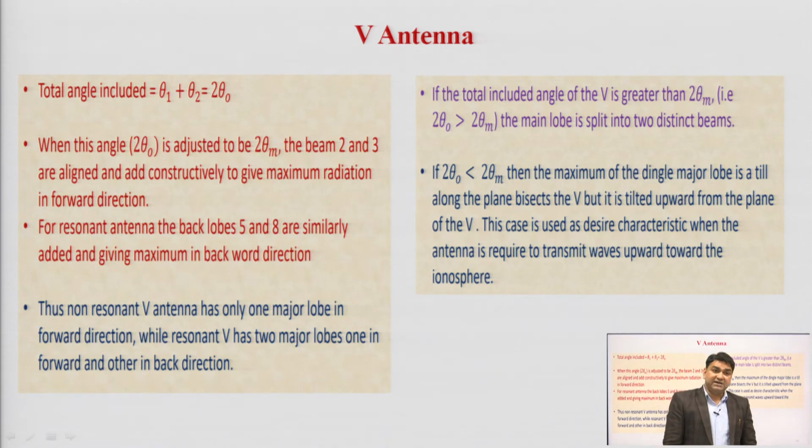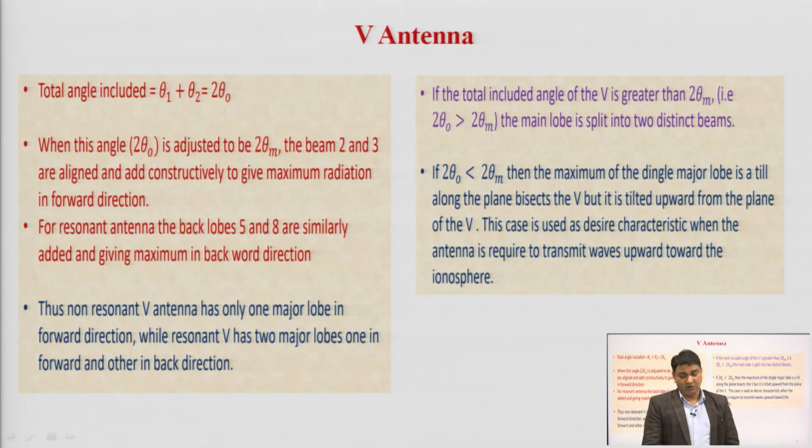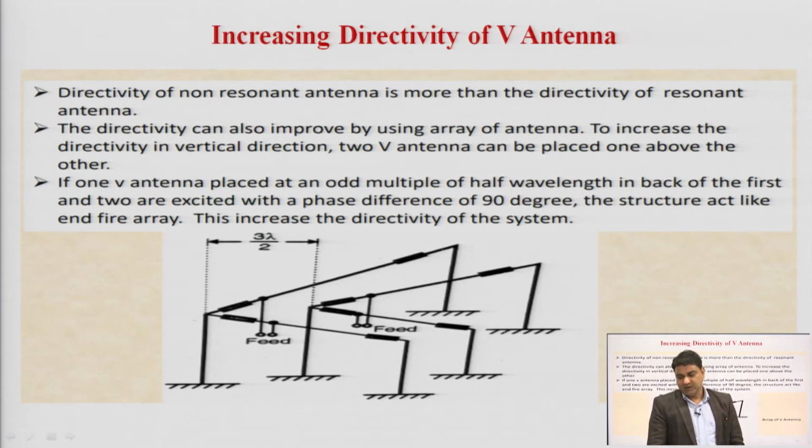Some of the design constraints for the V antenna are given here, with respect to its parameters. What is the angle between the two wires? That angle is known as the included angle, and this angle defines the radiation characteristics and the radiation pattern of the V antenna.